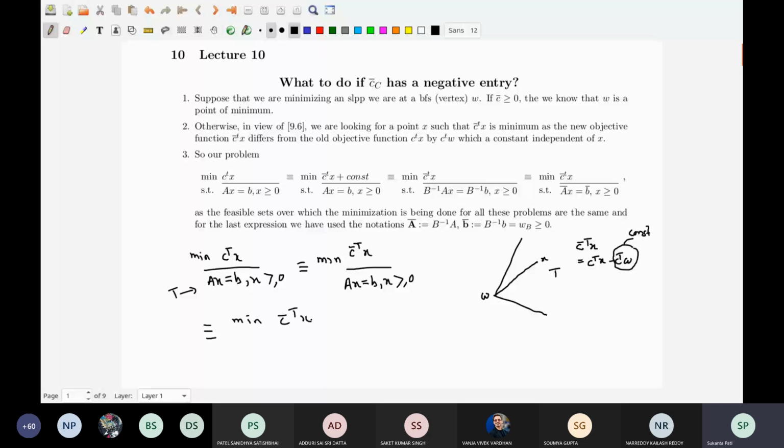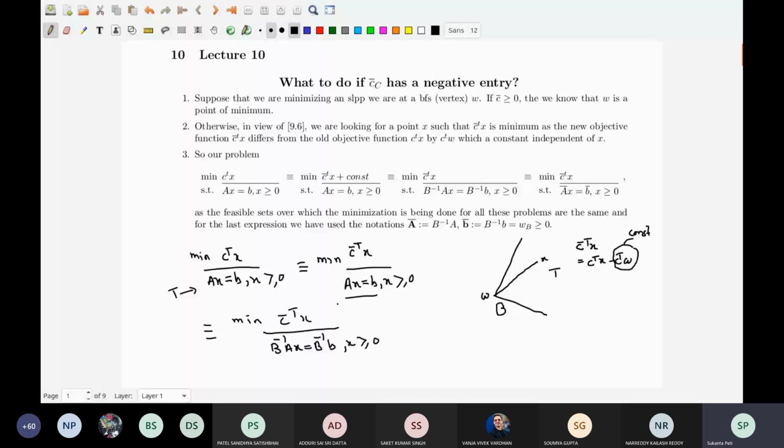Suppose I have said W is a BFS with a basis matrix B. Assume that is the basis matrix, and the basis matrix is invertible. So let me write B inverse AX equal to B inverse B, x greater than equal to 0. Now this is a new set of linear equations. But is this set of solutions different from the set of solutions of Ax equal to B?